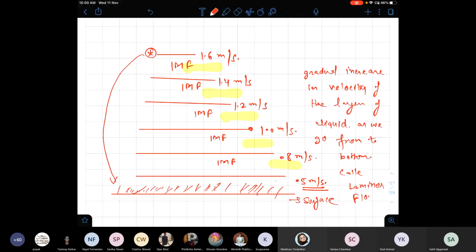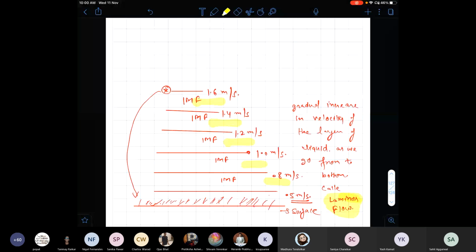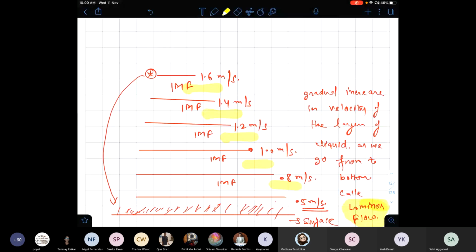Laminar flow. ठीक है, ये जो आप ग्रेजुअल चेंज देख रहे हो उसको लैमिनर फ्लो बोलते हैं.